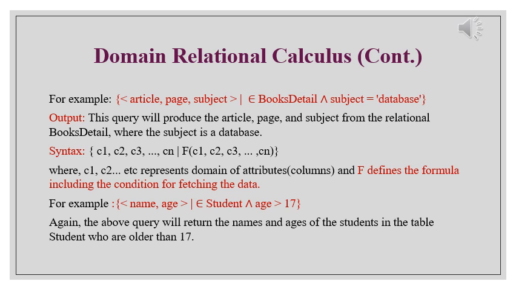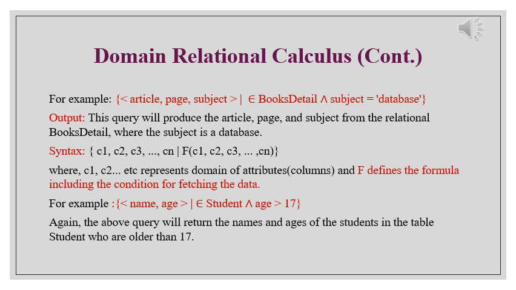Another syntax has been given like {C1, C2, ..., Cn | f(C1, C2, C3, ..., Cn)}, where C1, C2 etc. represent the domain of attributes, columns, and f defines the formula including the condition of fetching the data. Another example: find the name and age.